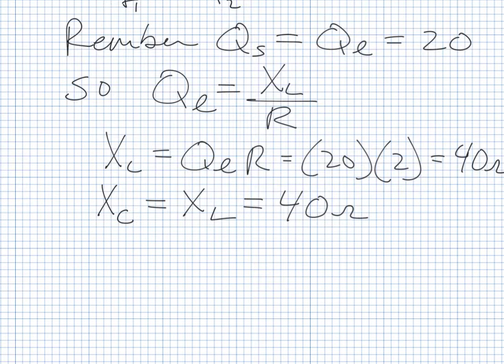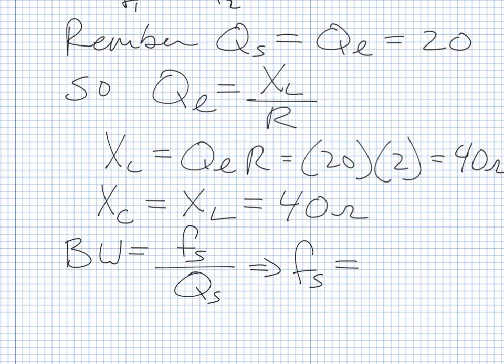Well, we have the bandwidth equal to the resonant frequency over the Q factor. Were we given the resonant frequency here? No, we weren't, but actually we're going to solve for that because we know the bandwidth.